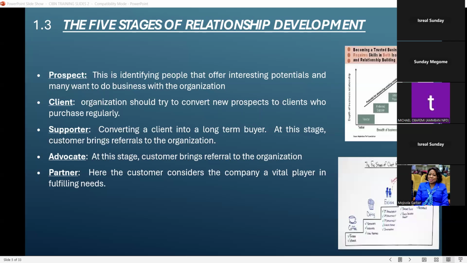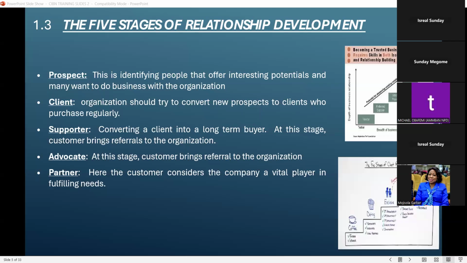The last part is partner. Here, the customer considers the company a vital player in fulfilling needs. At this level, it's not the level of customer, it's not the level of supporter, it's not the level of advocacy. The person is like a partner, where you even hear people asking, Madam, do you have shares with this person?